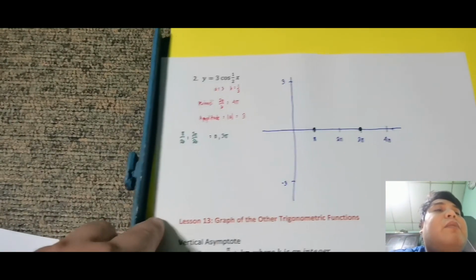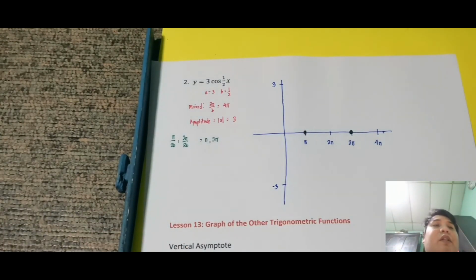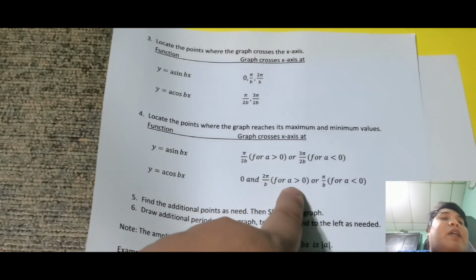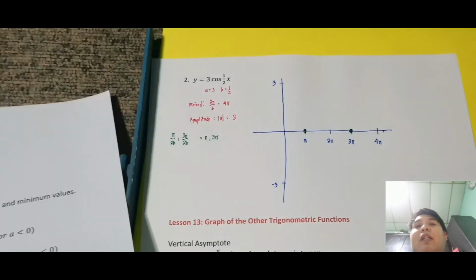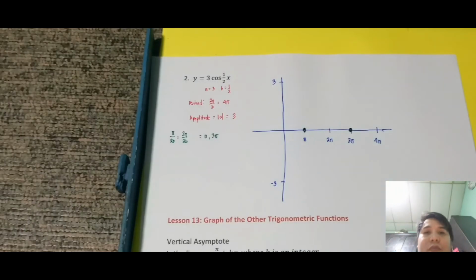Okay, so probably ang maximum value niya ma-attain dito sa 2 pi saka sa 0, I think. Okay, so next is saan niya ma-attain yung maximum value niya? Pag cosine, ma-attain niya yung maximum value sa 0 and 2 pi over b pag a is greater than 0. Since a is greater than 0 dito, ma-attain niya yung maximum value sa 0 saka 2 pi over b.